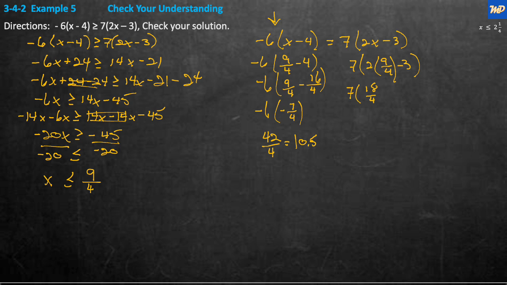And it's 18 fourths minus 3. Okay. And we can say 7 times 18 fourths.